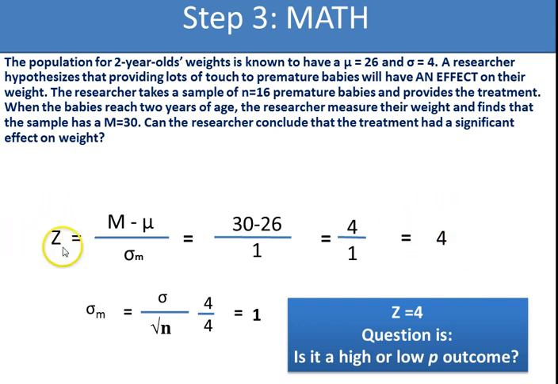Our Z test statistic has a mathematical outcome of 4. And now the question becomes, is this test statistic a high probability outcome or a low probability outcome?